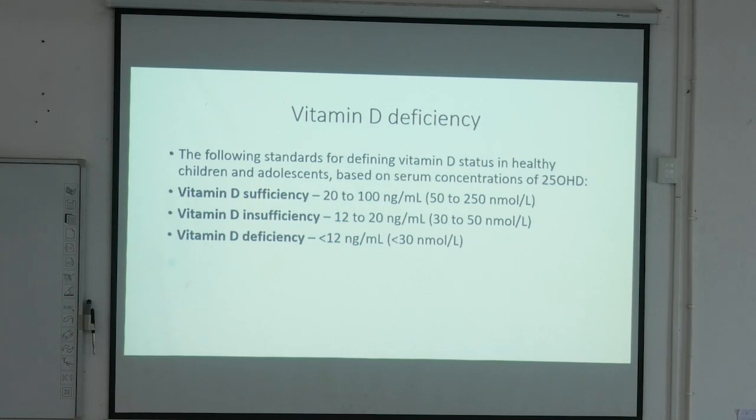When you label a case as deficiency of vitamin D, you will have to measure the vitamin D status. The vitamin D usually measured for status is 25 hydroxy vitamin D. Vitamin D deficiency is when it is less than 12 nanogram per milliliter. Insufficiency is 12 to 20, and sufficiency is above 20.